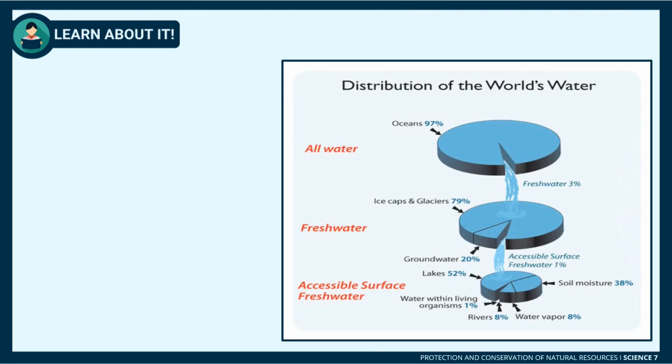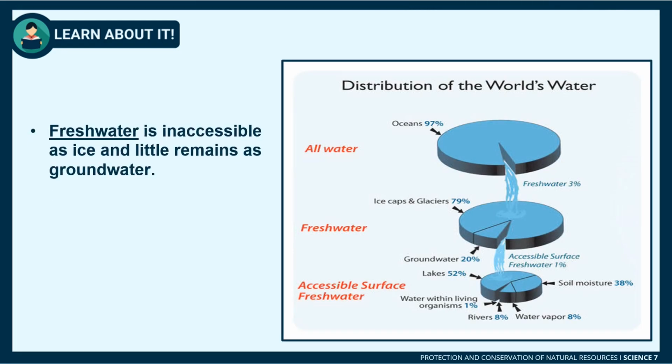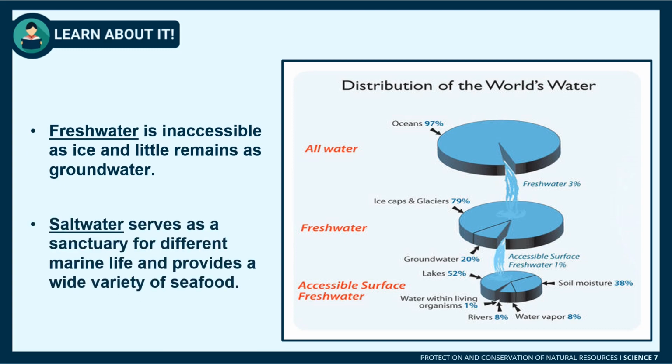From this figure, 97% of the total water in the world is ocean or salt water, while 3% is only fresh water. Another concern is only 1% of the total fresh water in the world is available for human consumption. This shows how blessed we are of having clean water to drink daily.